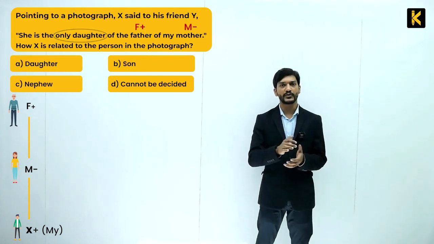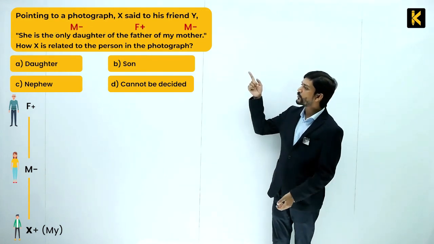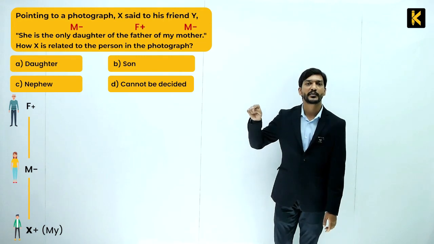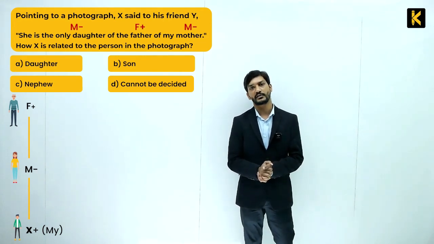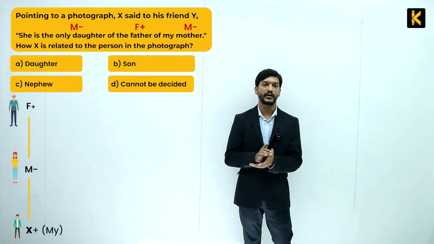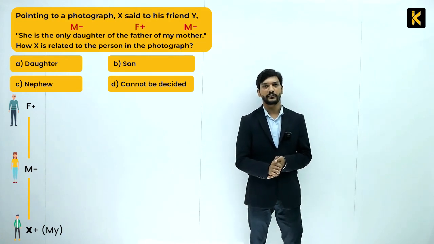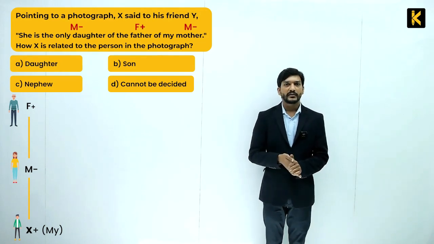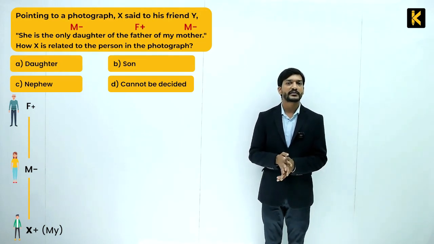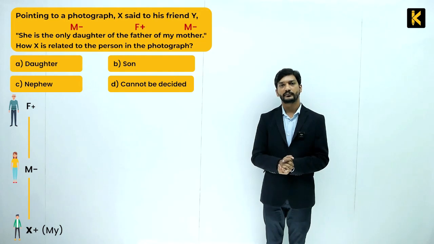Okay. So let me show it in the statement as well, that only daughter in the diagram is represented by M minus. All right. Now next. So next we are observing that she is the only daughter.